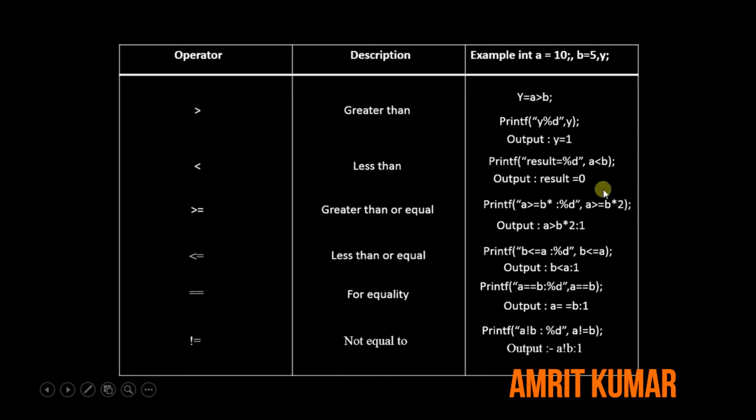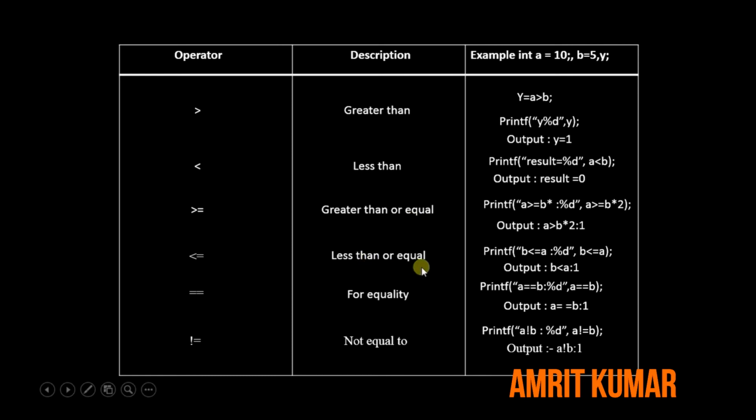Therefore it is going to return you true, and true means 1. Therefore A greater than equal to B asterisk 2 is going to return the value 1 here.